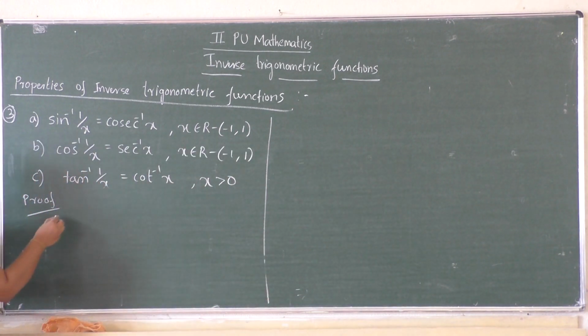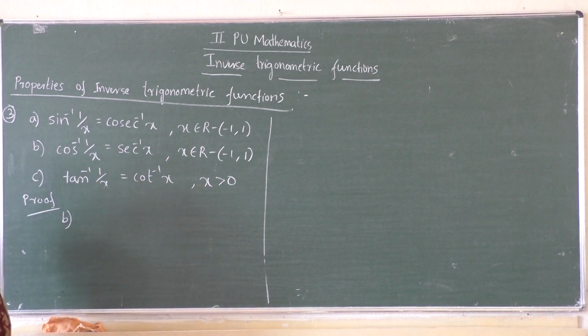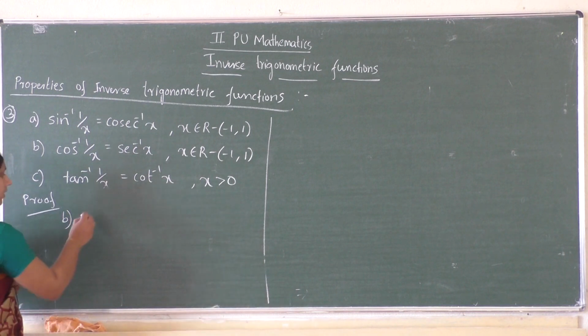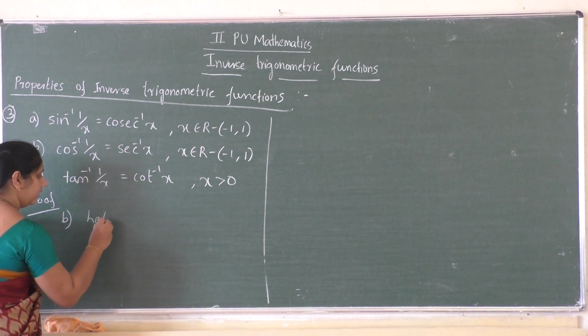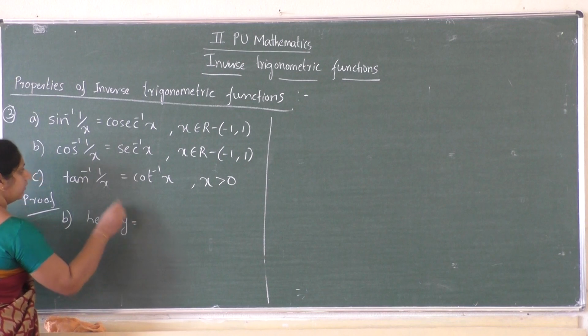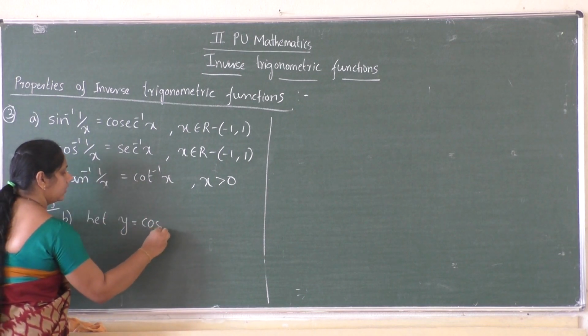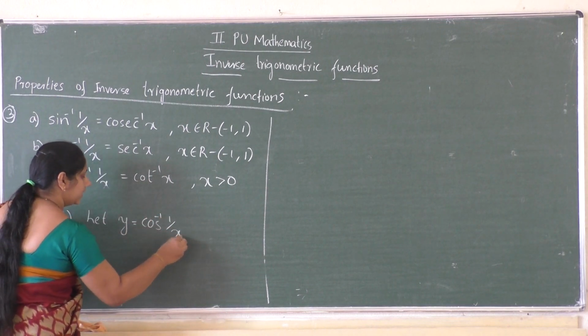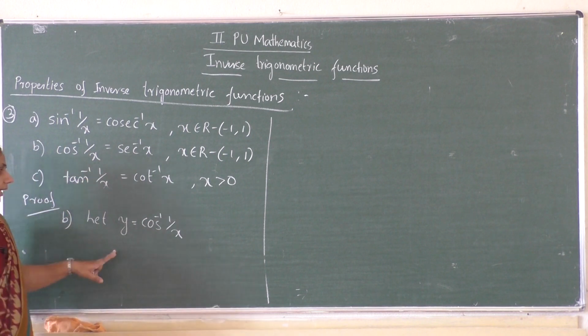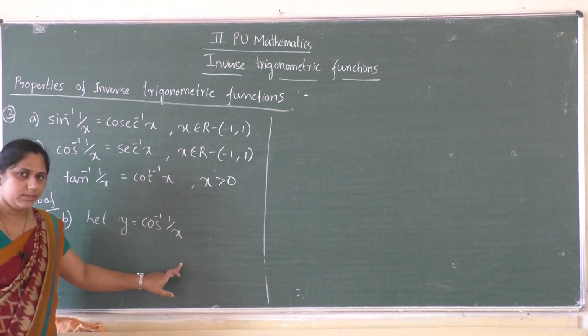Now we will prove the second one, that is cos inverse of 1 by x equal to sec inverse x, where x belongs to R minus open interval minus 1 to 1. Now let we consider cos inverse 1 by x as y. So y equal to cos inverse 1 by x.